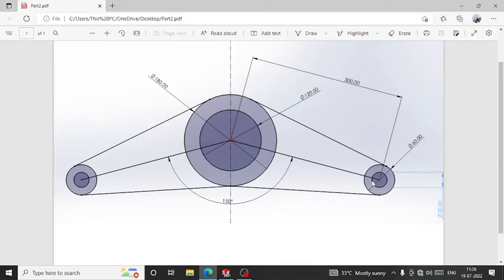Here, two circles with diameter 30 and 60. Okay. And this line is 300 mm.